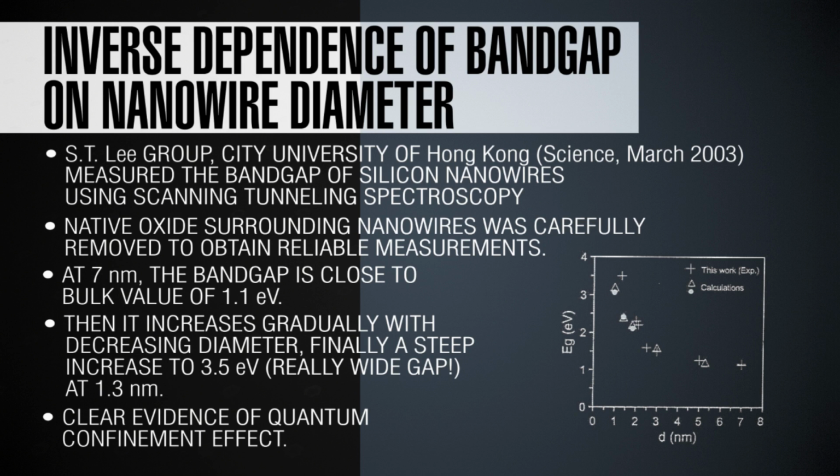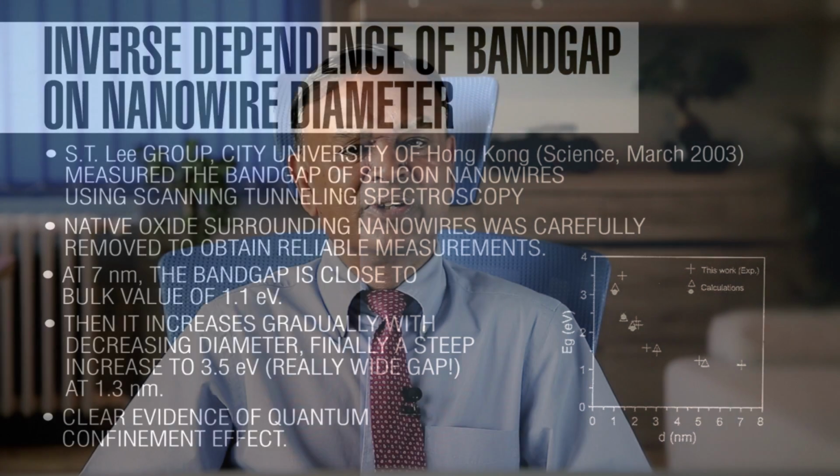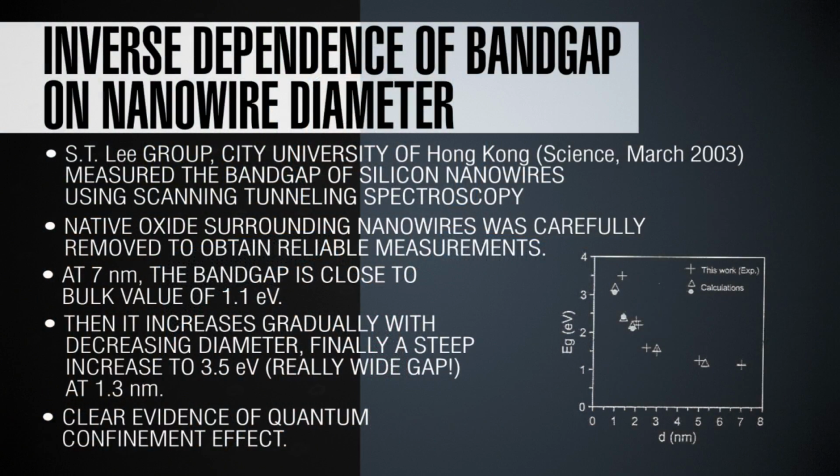They were very careful in removing the native oxide surrounding the silicon nanowire, so that way you could get a reliable measurement. When nanowire diameter is about 7 nanometer, the band gap is very close to the bulk value of 1.1 eV for silicon. Then when the nanowire diameter gets smaller than 7 nanometer, the band gap increases gradually.